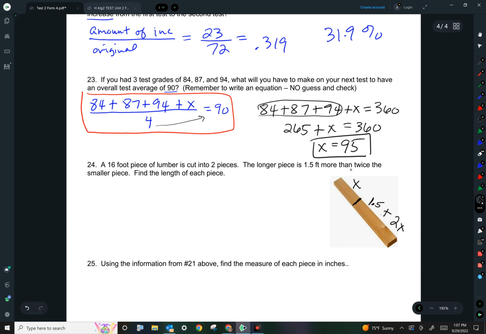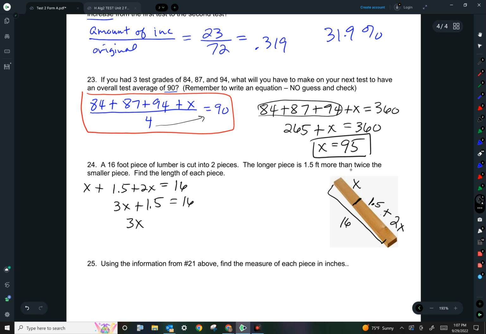So the longer is 1.5 plus 2x. And remember what we said, the whole thing altogether is 16. So if I take the small piece plus the long piece, which is 1.5 plus 2x, and add them together, it should equal 16. So I've got 3x plus 1.5 equals 16.